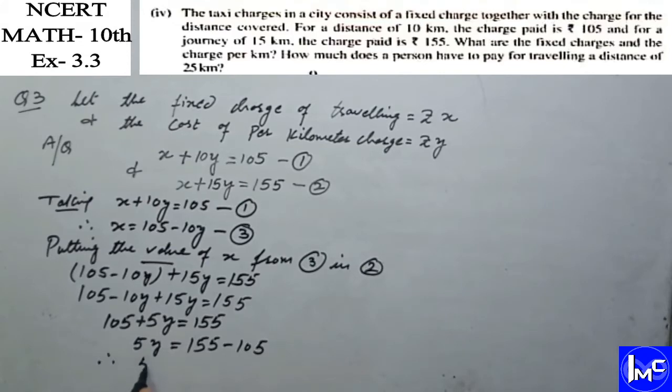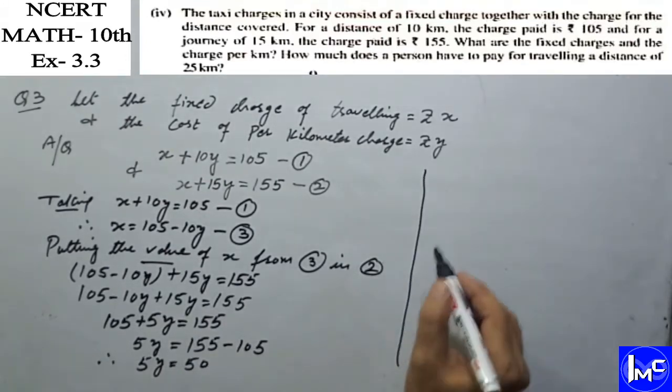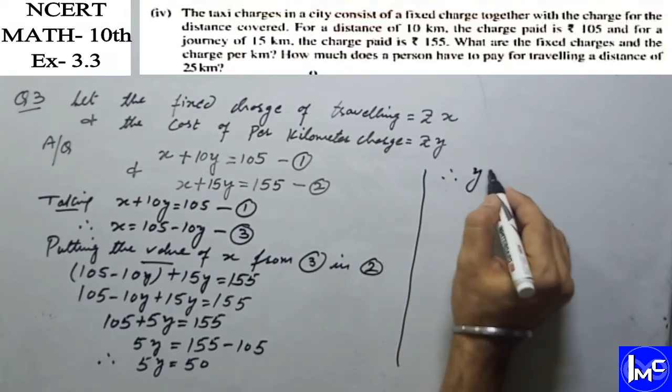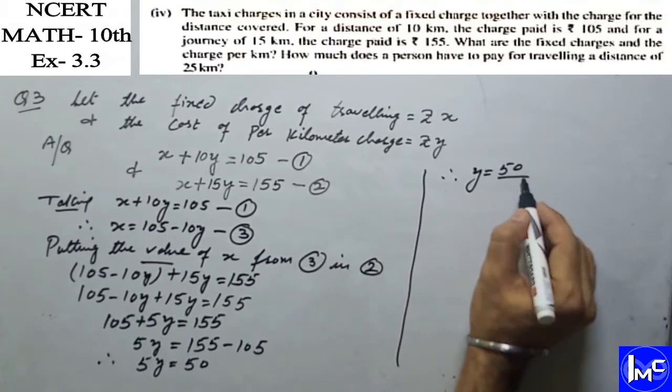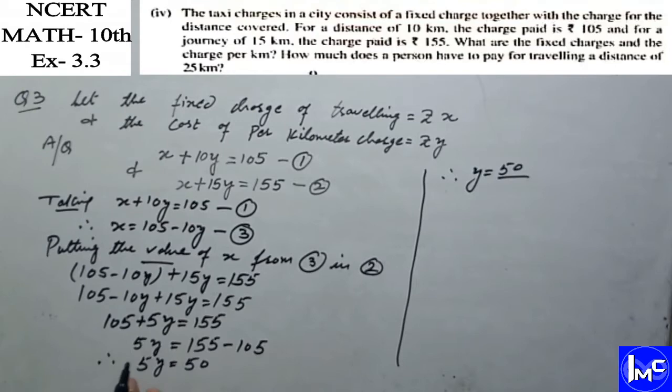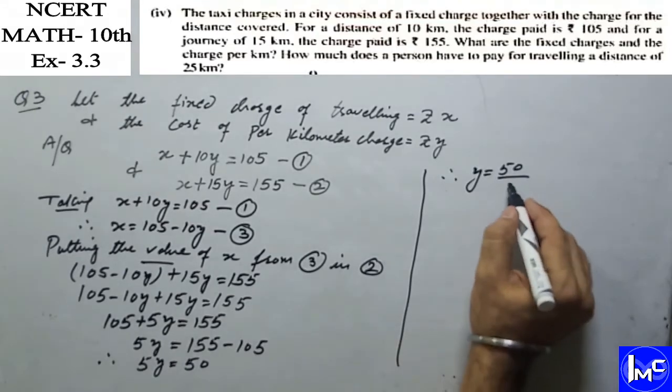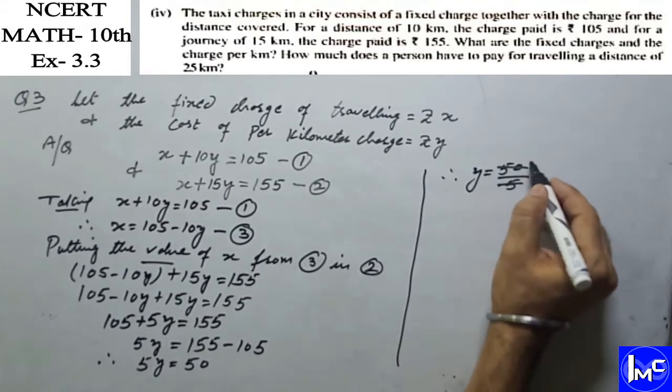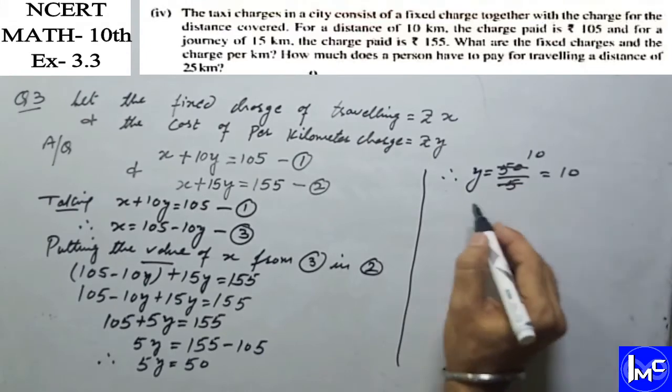and therefore 5y is equal to 155 minus 105 will be 50, and therefore y will be 50 divided by 5. This 5 will be divided on the other side and it will be 10.